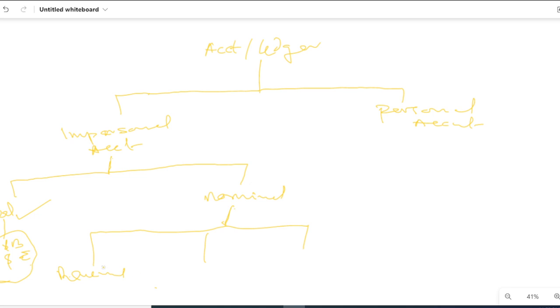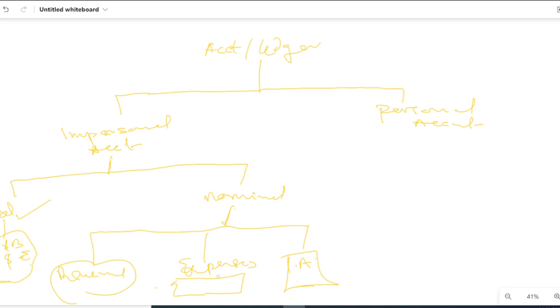This is where you are going to record them. Then you have your expenses here: electricity, stationaries, salaries, everything will be recorded under this. Then we have intangible or fictitious asset. This is where you record it.